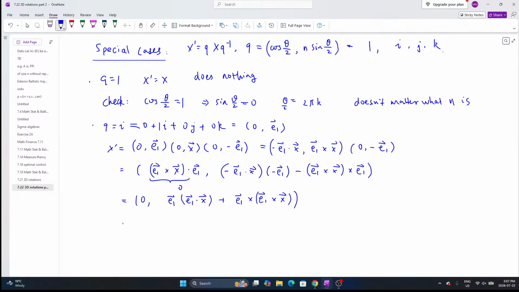Using the BAC-CAB rule, that's 0 E1 dot x, then E1 with x dot with E1, and then minus x times E1 dot E1.